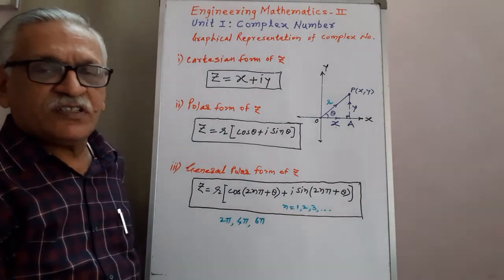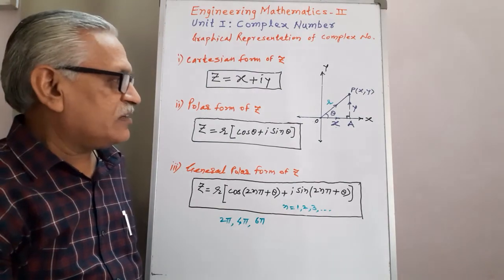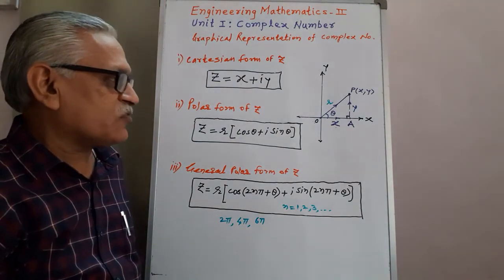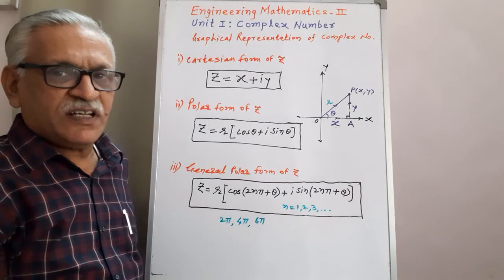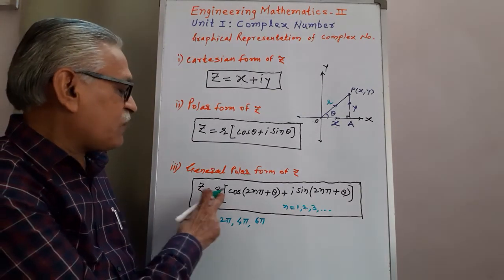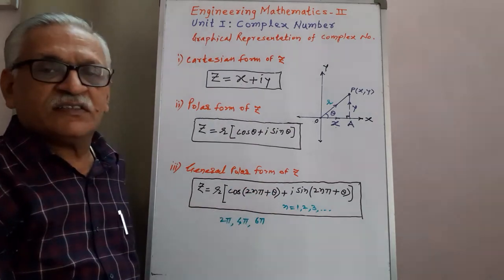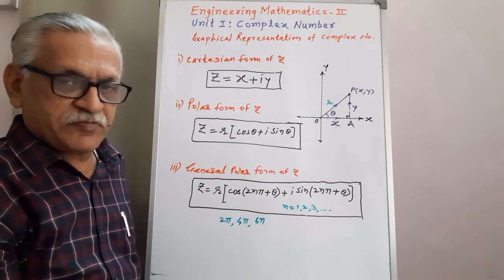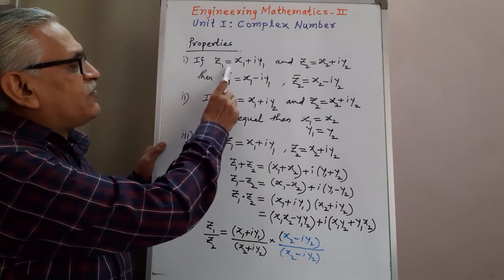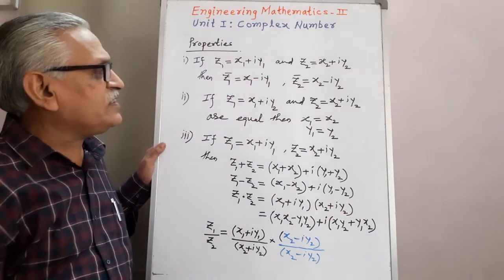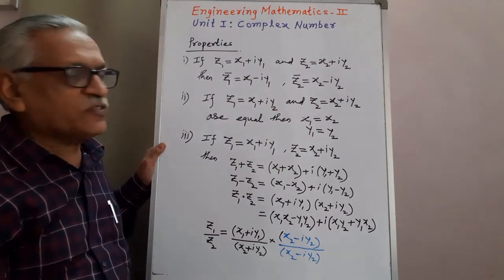For every rotation we get the same position of that vector OP, which means that the complex number remains the same, and therefore this form is called the general polar form, where theta is replaced by 2n pi + theta.